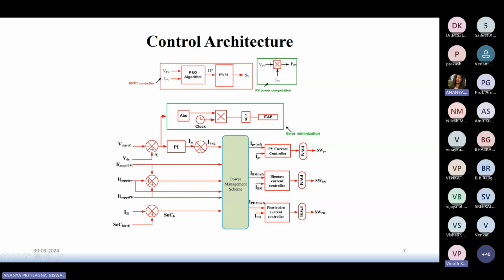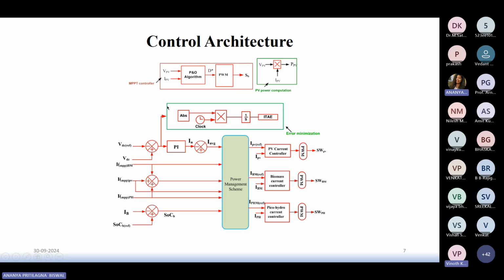VDC is to be maintained. So after comparing with the reference value, we feed it through a PI controller and it generates the average current. This is controlled through an optimization algorithm; here we have taken the multiverse optimization algorithm.